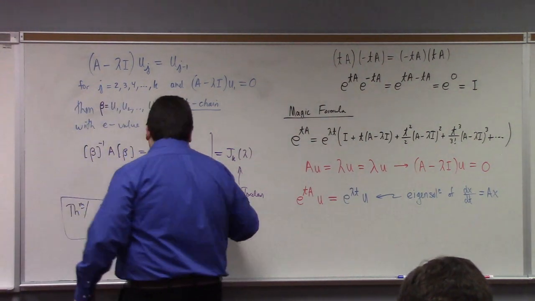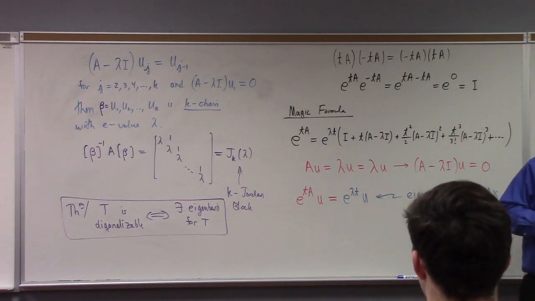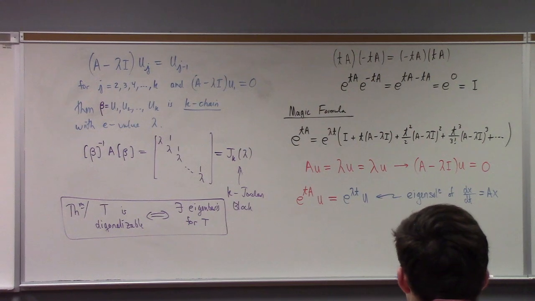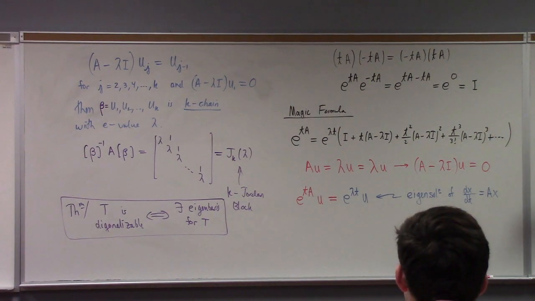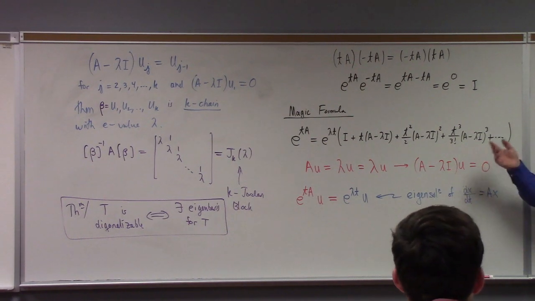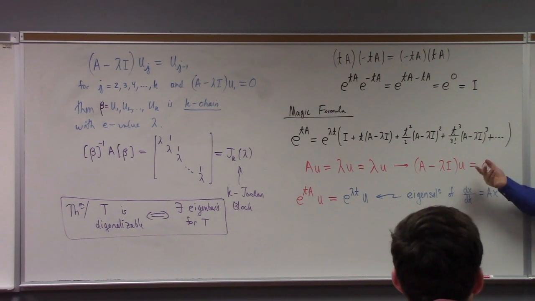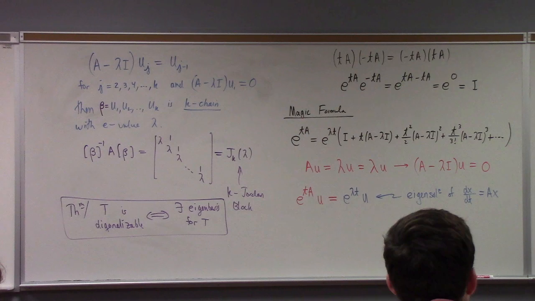A linear transformation from V to V, an endomorphism, is diagonalizable if and only if there exists an eigenbasis. So if T was diagonalizable, we don't have any need of the Jordan chains. Eigenvectors are more than enough. We can use the eigensolution to solve the problem. If A is diagonalizable, we can solve dx/dt equals Ax just with eigensolutions, because we've got n of them. But if A is not diagonalizable, then you have to think about these things called Jordan chains.